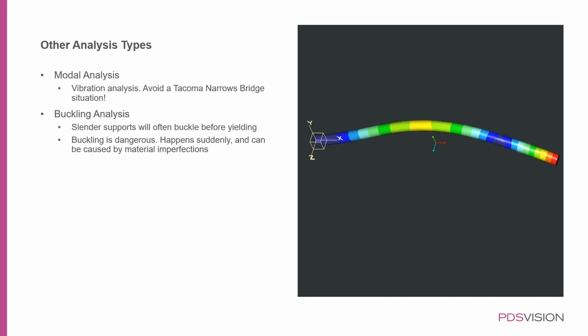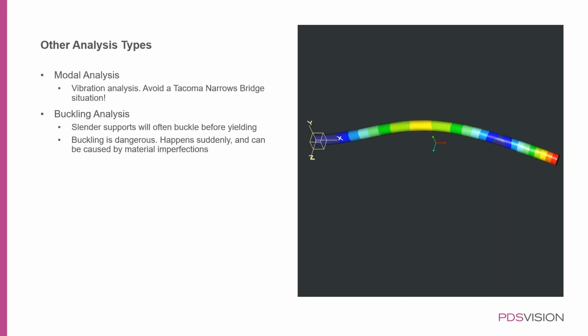For example, when I pluck a guitar string, no matter how hard I pluck it, it's going to make the same notes. It's going to vibrate at the same frequency. Your parts and assemblies in the real world work this way too. They have certain frequencies that they will resonate at. That's where vibration can get out of control and can cause damage to your structure itself.